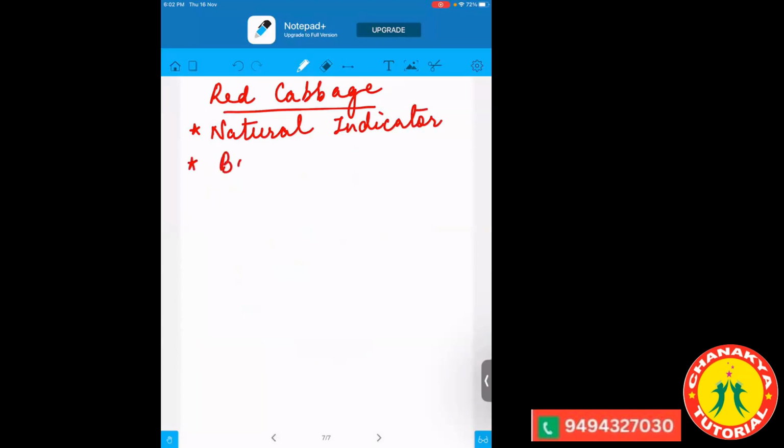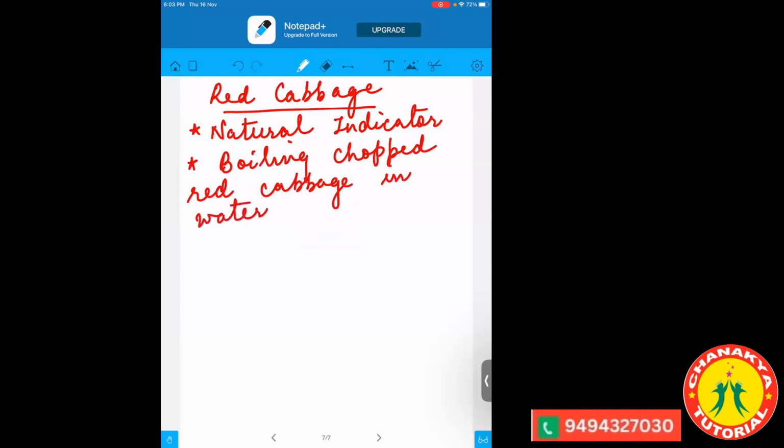By boiling chopped red cabbage. So we have to take the red cabbage, chop it, and then boil it in water. As soon as the red cabbage is boiled with the water, it starts working as an indicator. Now you can use it as an indicator.